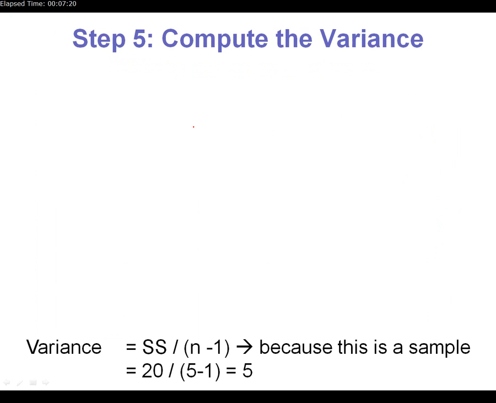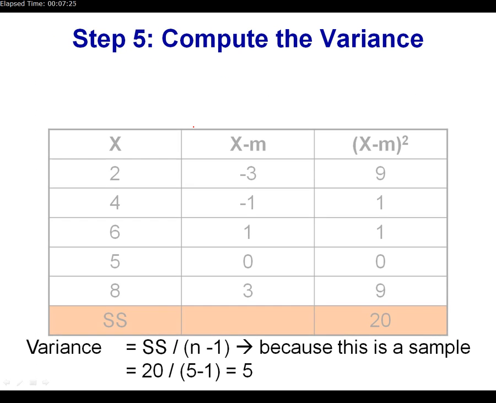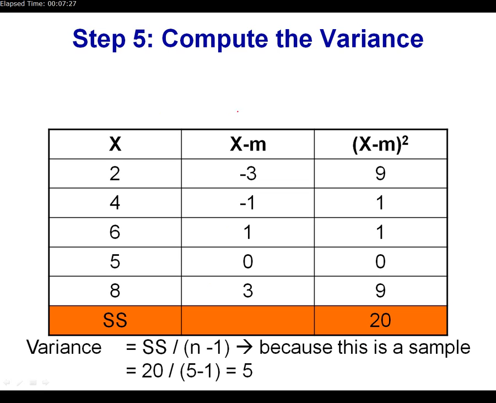And you remember the next one, we're going to compute the variance. Okay, the variance is the sum of squares, and this is a sample, not a population, so we're not going to use big N. We're going to use little n minus 1.